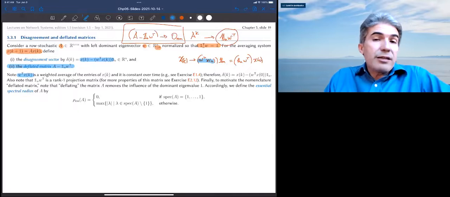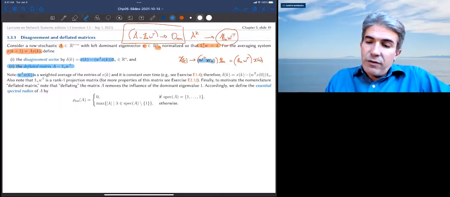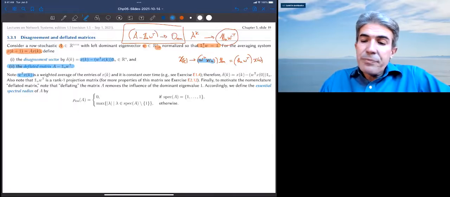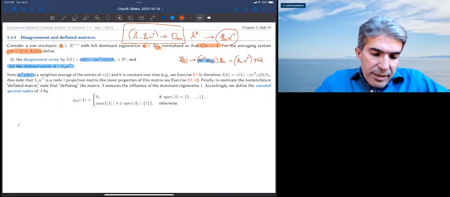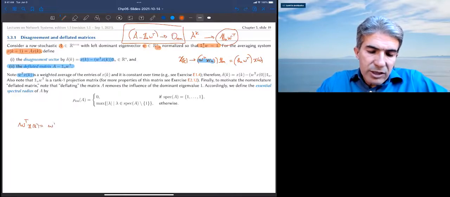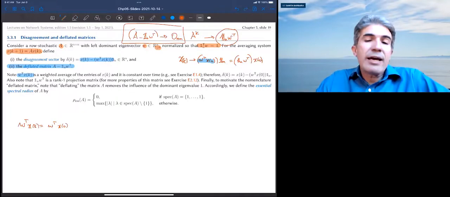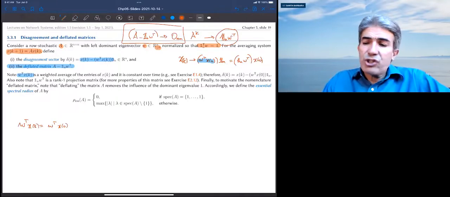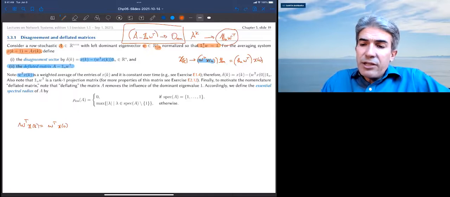W transpose xk is a convex combination of the entries of xk, and it's easy to see that it is constant in time. So it's easy to see that W transpose x at k is equal to W transpose x at 0, and it's equal to any other time. So essentially you're just subtracting from xk its final value, right? Its final value.